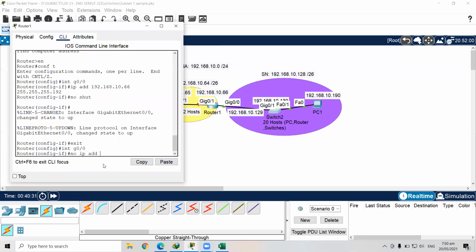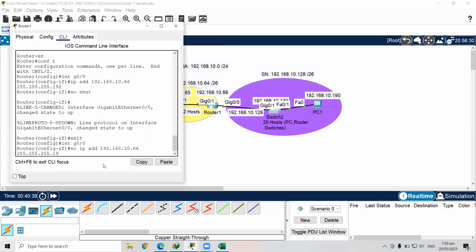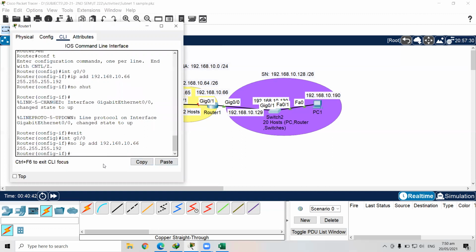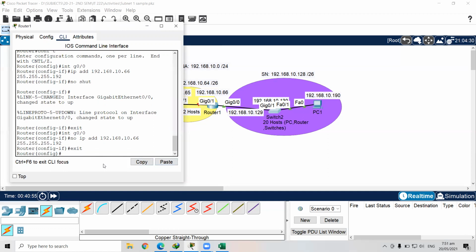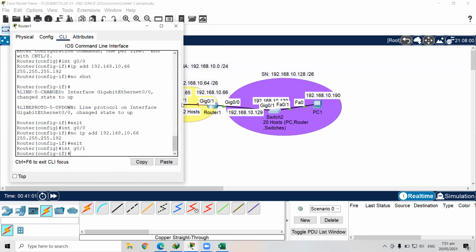So, no IP add. 192.168.10.66, 255.255.192. Pinamali ako eh. Exit lang ako dito. Punta ako ngayon sa interface G0/1 kasi ito yung dito na side.